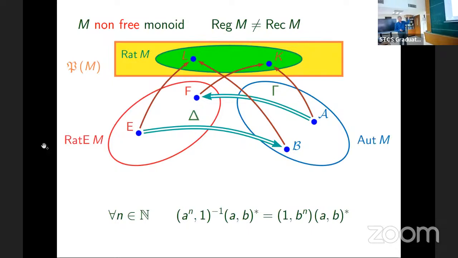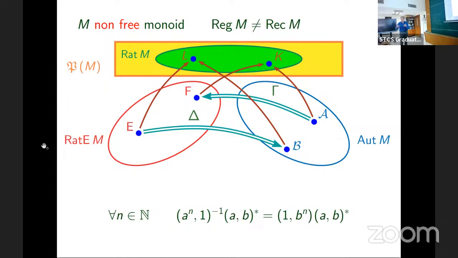So the point is, why I said that the recognizable sets of M are not the regular sets, is because the recognizable sets can be defined by the quotient. And it's not true that in a non-free monoid the quotients of a regular or rational set are finite.